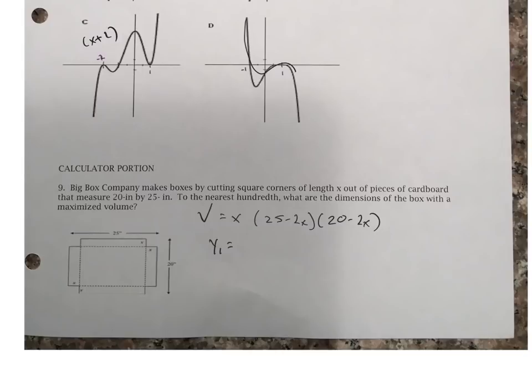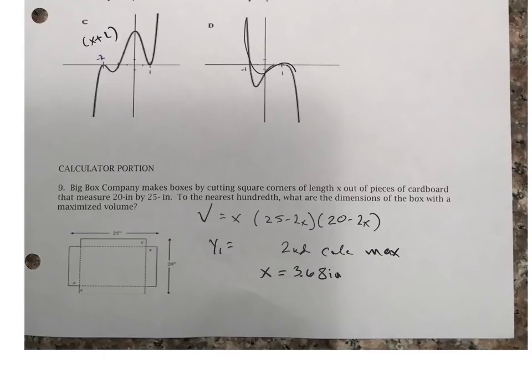Adjust your graph so that you could see it. You will have to adjust your graph. Maybe make them all 20s. Maybe you don't have to adjust it. And you would look for the maximum. So it would be second, calculate, maximum. Your x value is your height, and you get 3.68 inches to the nearest 2 decimal places.